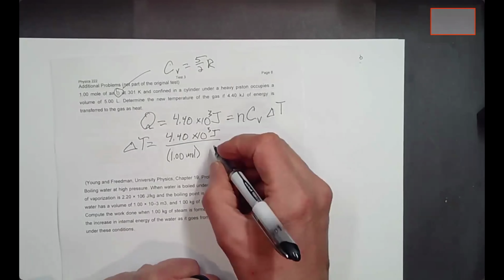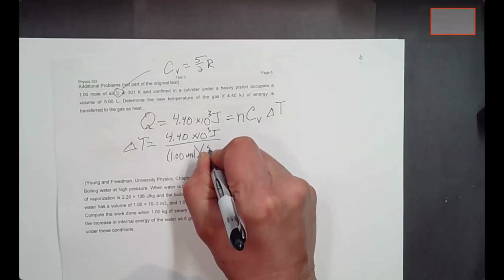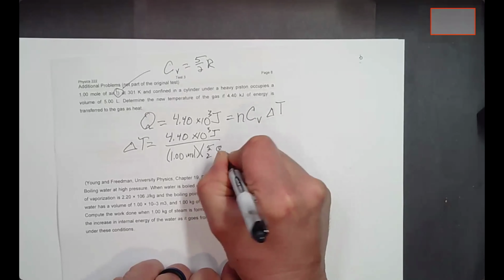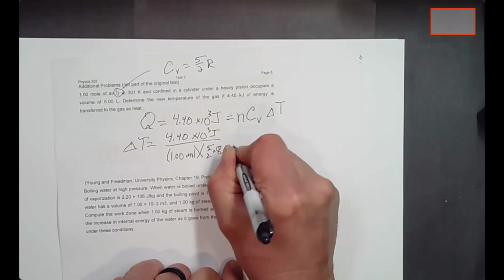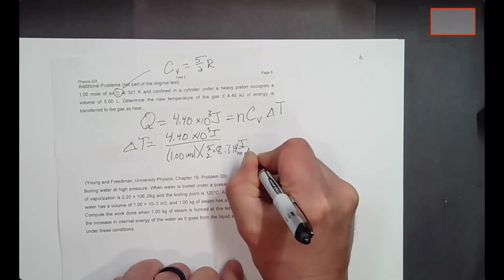Something I wanted to do was show you the formula sheet. In this case, C sub V is 5/2 times R, which is 8.314 joules per mole Kelvin.